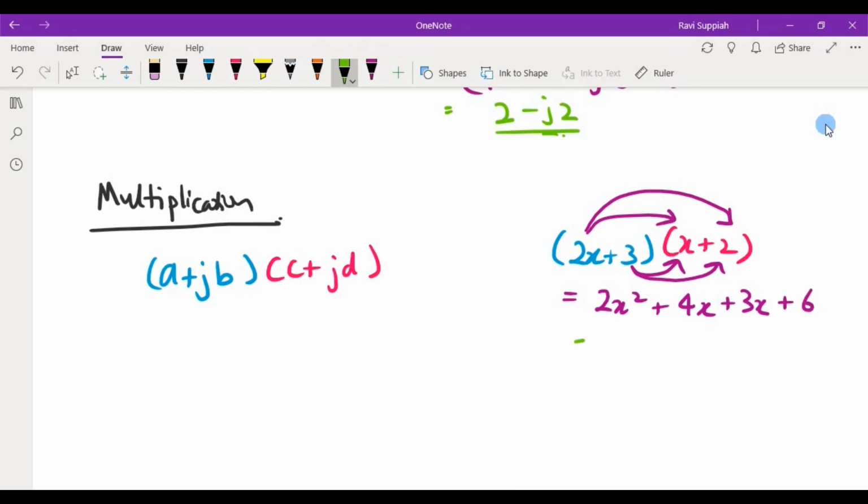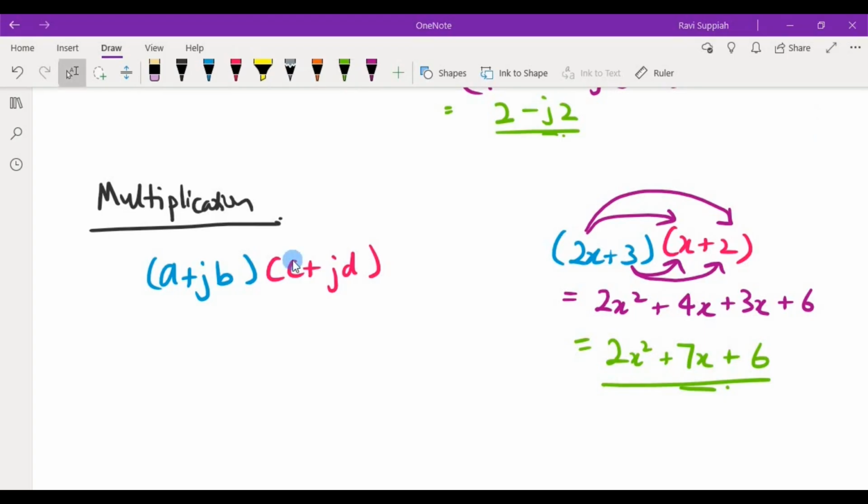And then what would we have done? We would have grouped them together. So x squared is only 1. There are two x terms, so it will be 7x, and then there's one more term here, a constant. Alright, so this is how we would have done a normal expansion, okay, with algebra principles.